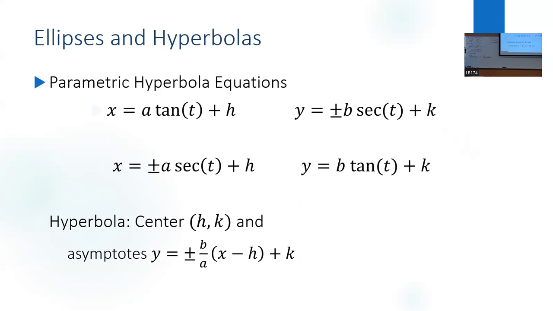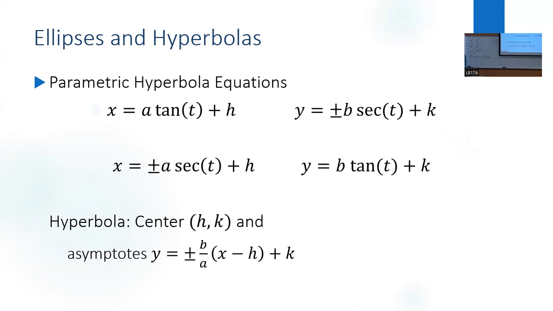Those are going to give you hyperbolas with asymptotes of slope plus or minus b over a. So your tangent and secant give you the hyperbola equations. That's all we're saying there.